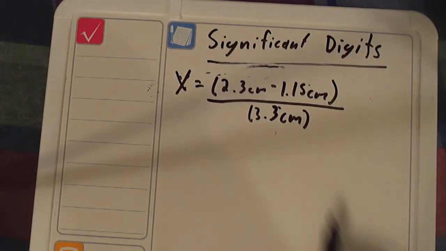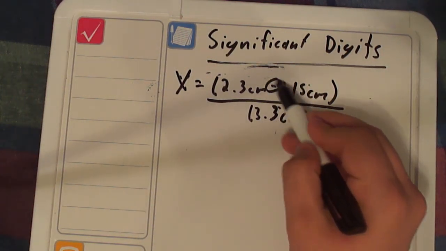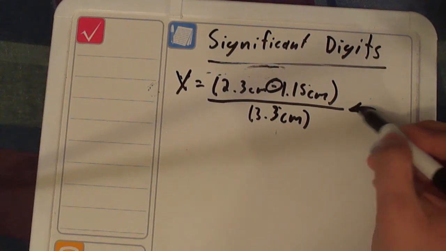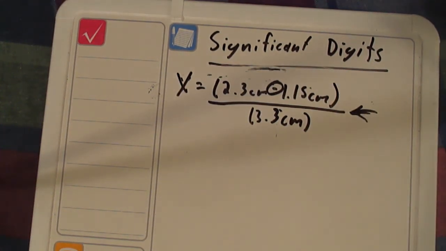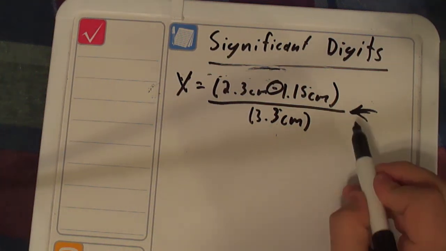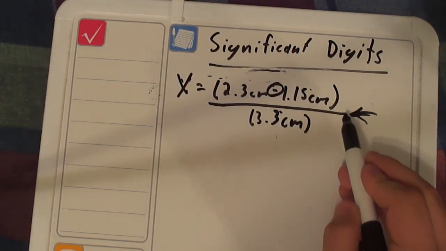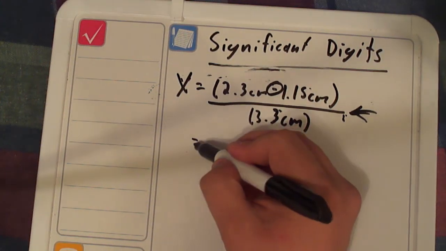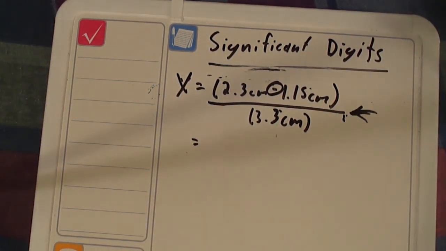So in this, we obviously have subtraction and division. What we have to do is go by the least number of significant digits total. The division takes priority over the subtraction. So just do our calculation.